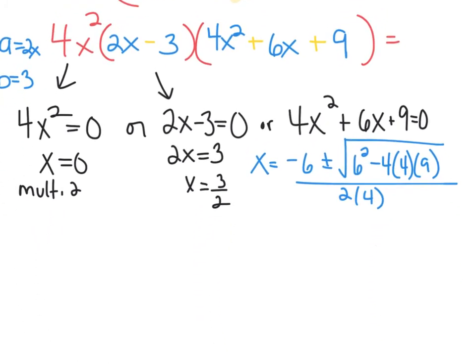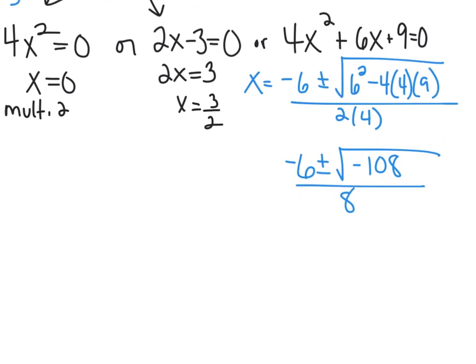Start simplifying this. This would be negative 6 plus or minus the square root. Find the value of your discriminant. This would be 36 minus 16 times 9, which is negative 108, all over 8.